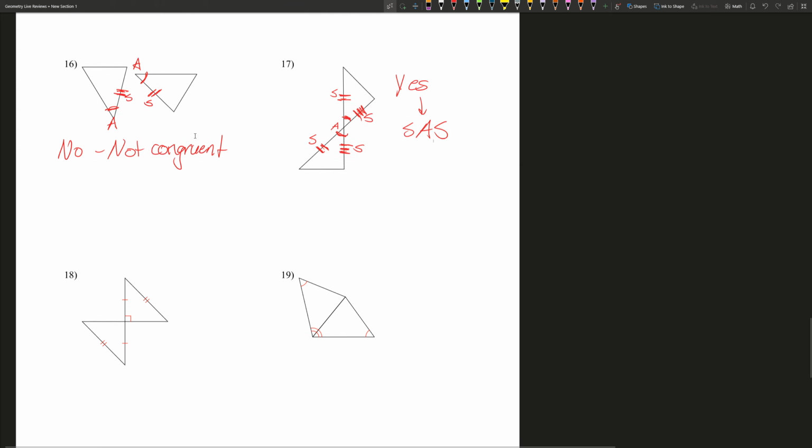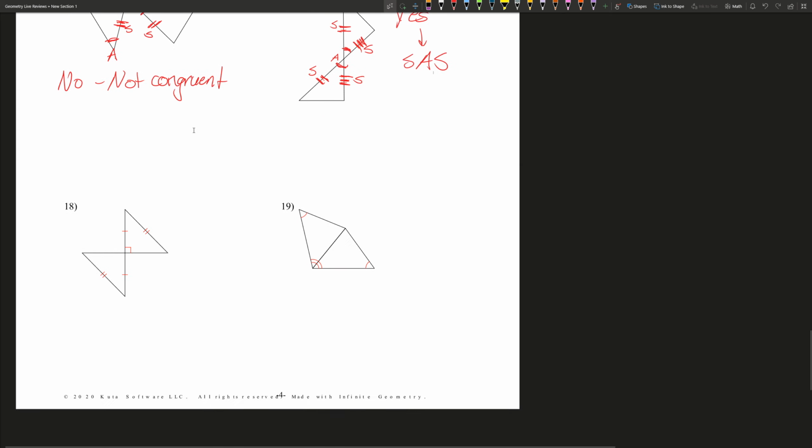Number 18, we have two sides and an angle. But that's not one of our theorems. So we have S, S, A, and S, S, A. And yeah, I'm aware that you could put those in a different order.